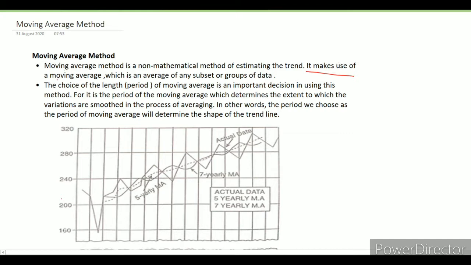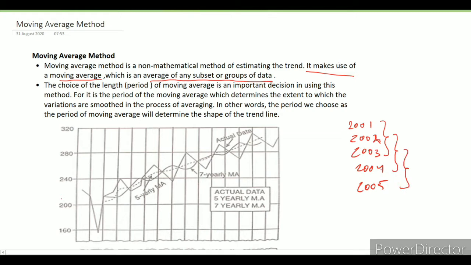And so this is an average of any subset or group of data, which means that suppose we have data for the years 2001, 2002, 2003, 2004, 2005. If we use a moving average of 3 years, we'll take the average of these 3, then the next 3 years, and so on.